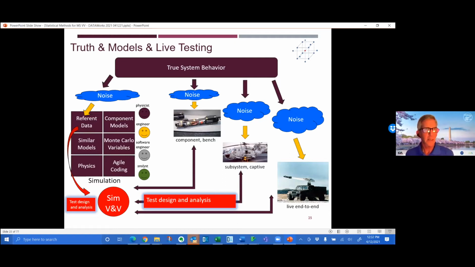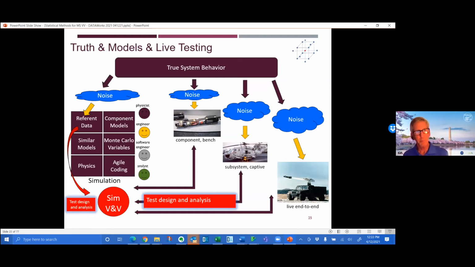Other things coming into our simulation, Monte Carlo variables. Almost every model, and some models have dozens, if not 100, Monte Carlo variables associated with it. And what I'm assuming is we have models that are making up some integrated simulation.